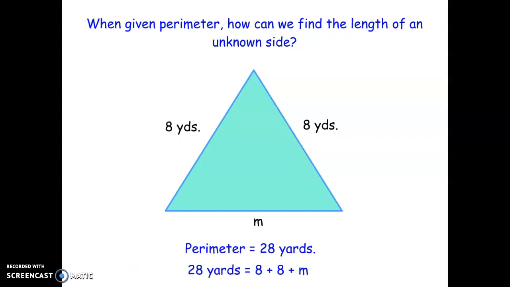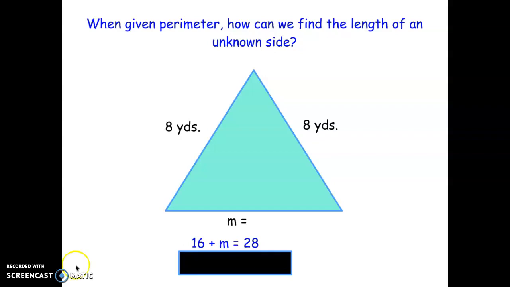We know that perimeter is the sum of all sides added together. That means 8 plus this unknown side that I've labeled m. Well, if our perimeter is 28 yards in all, we know that 28 is equal to 8 plus m. So let's take this one step further.